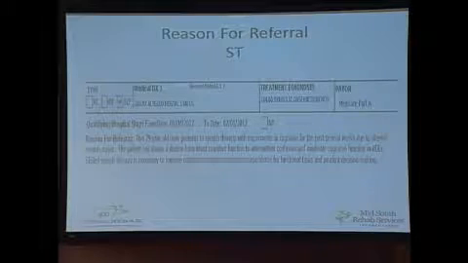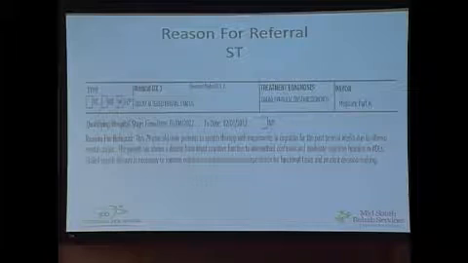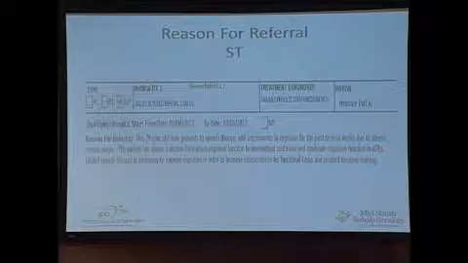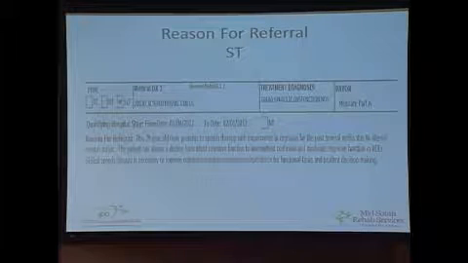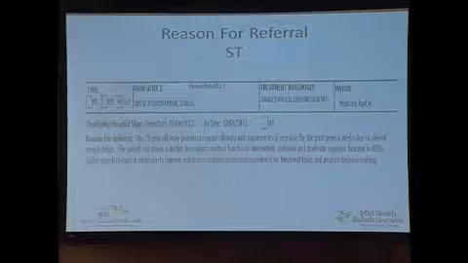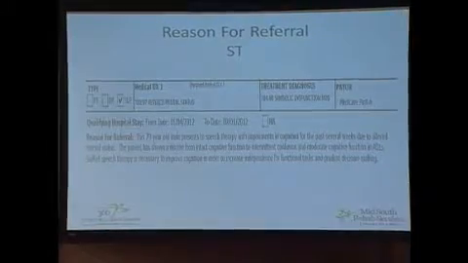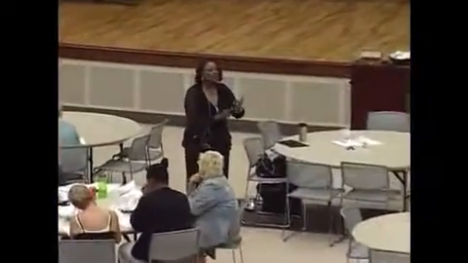One of the things I do want to mention about this, when documenting your reason for referral, you want to be as specific as possible. You want to avoid things like functional mobility because it means transfers, it means ambulation, it means balance. You want to avoid summing up cognition as moderate impairment, because cognition includes memory, problem solving, reasoning. It includes all those things.